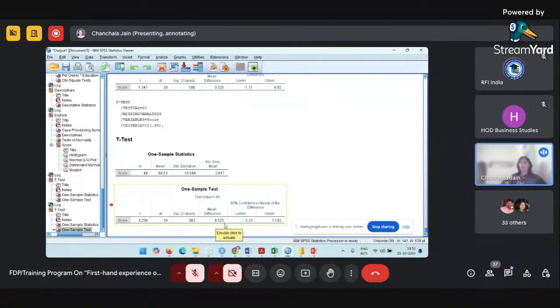That means your sample mean is greater than your population mean, because the population mean was 60 and the sample mean is 68.53. So if your null hypothesis is rejected in the two-tailed test, you can declare which is greater and which is less. Is it clear? Yes, ma'am. I hope it is clear to everyone.